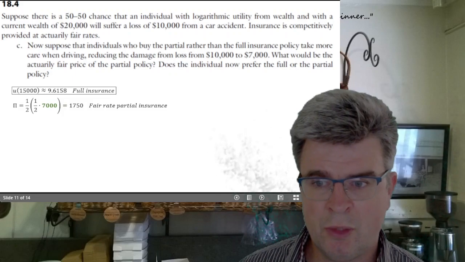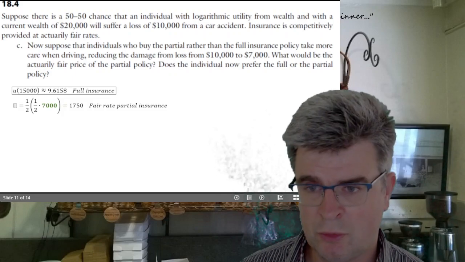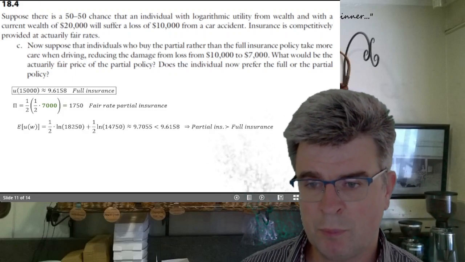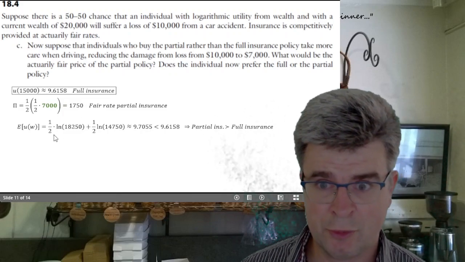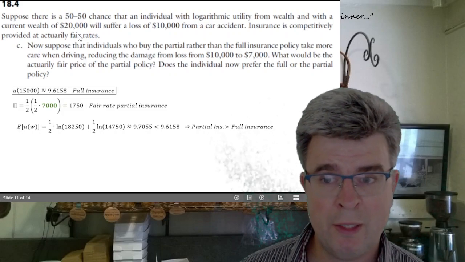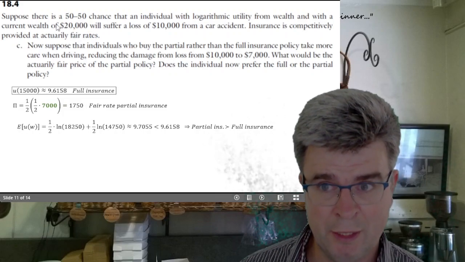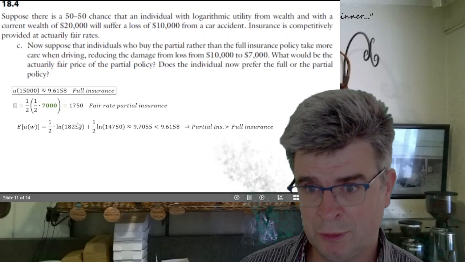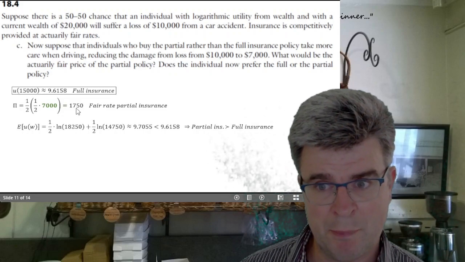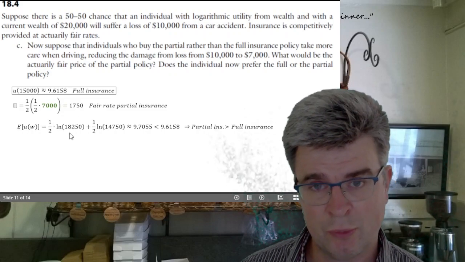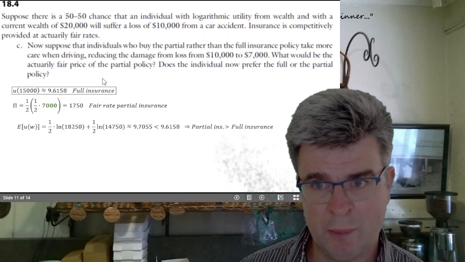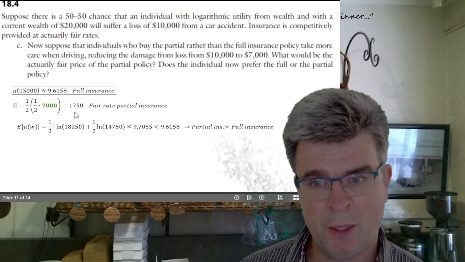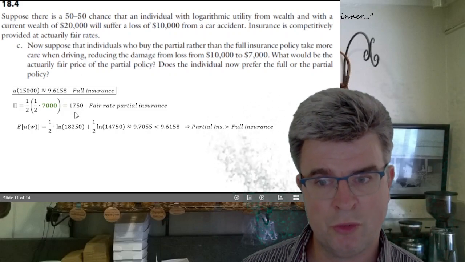So now we can do the computation for the expected utility again, and what we will have now is that in half of the cases no accident will happen. The individual will end up with a final wealth which is identical to his initial wealth of 20,000 minus the premium that he paid, so 18,250. And in the other half of the cases he will end up with 20,000 minus the fair partial insurance premium.